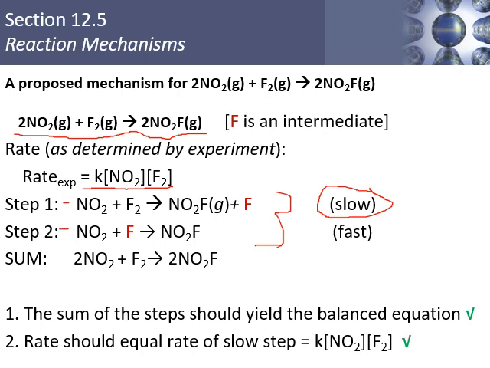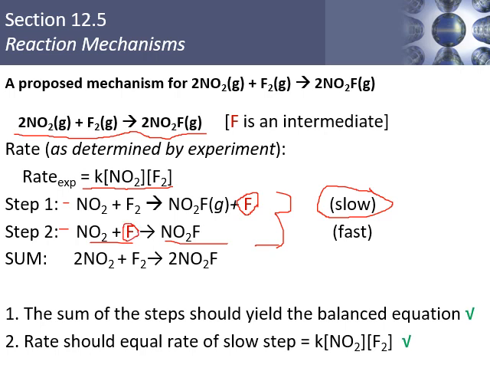And when we add these together, add everything on the left of the arrows and then everything on the right of the arrows and cancel everything that's on both sides, we wind up with 2NO2 plus F2 on the left, and we have 2NO2F on the right. Now we also have this thing in red here on both sides. That's an intermediate. Remember we said that a while back? An intermediate is produced in one step, but then it's used up before you get finished.